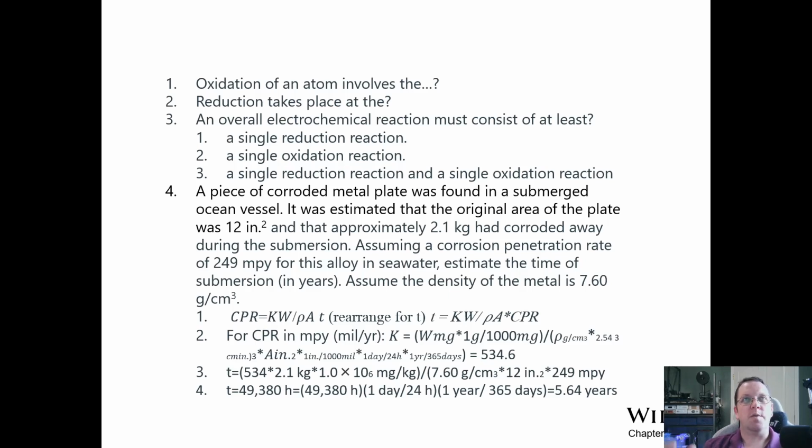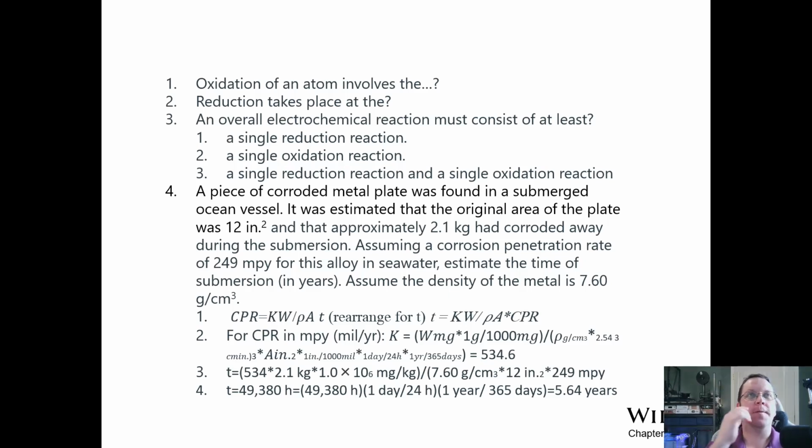We have reduction that takes place at the cathode. So reduction is at the cathode, oxidation is at the anode. That way we can kind of keep everything in mind. So think back to some of your Gen Chem principles, and hopefully you had a good instructor that was hammering some of these principles home.